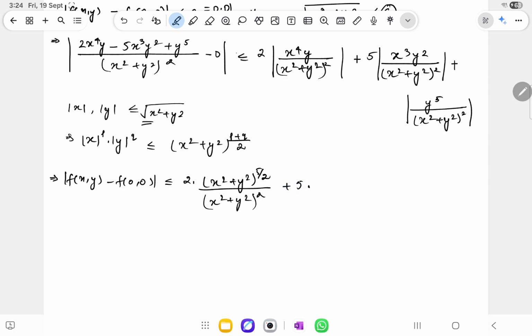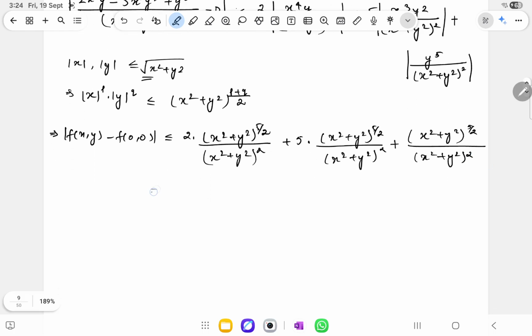again we'll get (x^2 plus y^2) raised to 5 by 2 divided by (x^2 plus y^2) whole squared, plus (x^2 plus y^2) raised to 5 by 2 divided by (x^2 plus y^2) whole squared. This term equals 2 plus 5 plus 1, that is 8, times (x^2 plus y^2) raised to 5 by 2 minus 2.